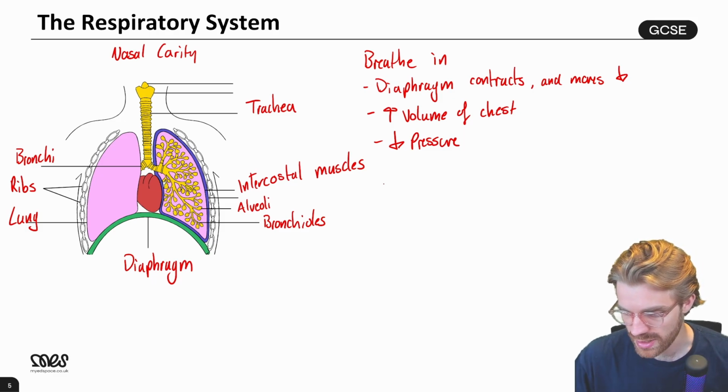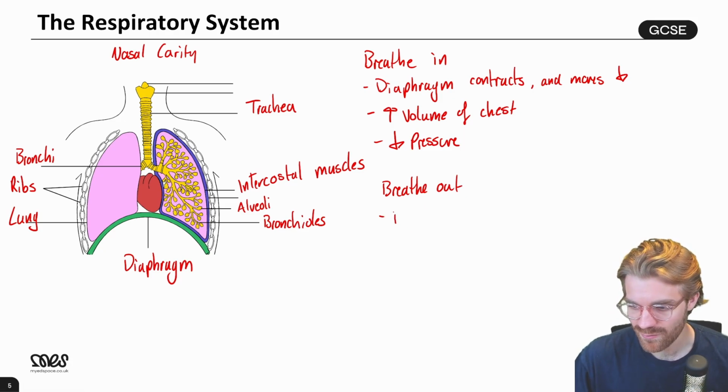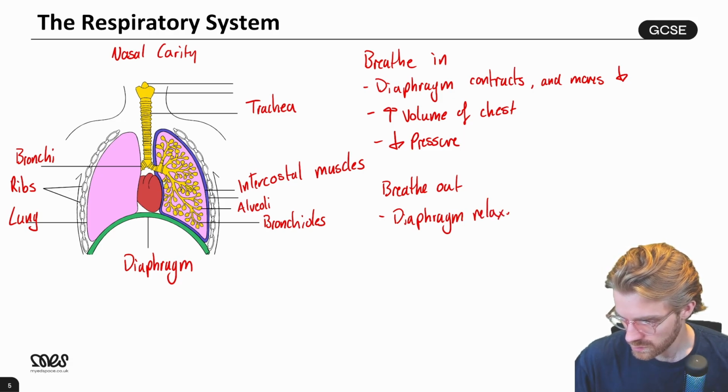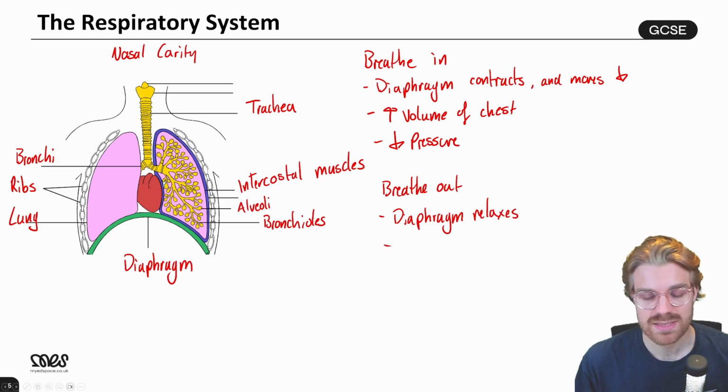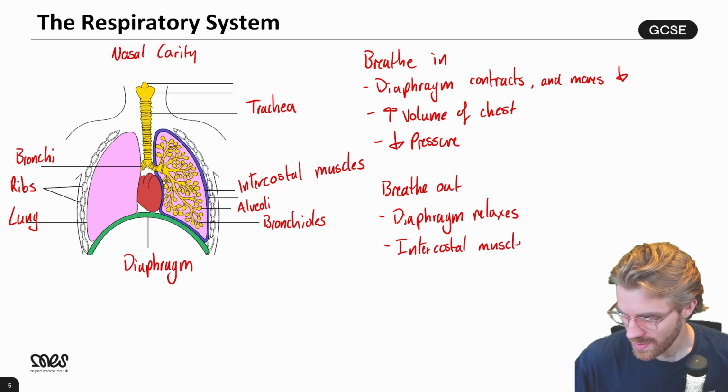What about when we breathe out? Well, when we breathe out, the diaphragm relaxes, but as well as the diaphragm relaxing, the intercostal muscles contract. And the alveoli have an elastic wall.